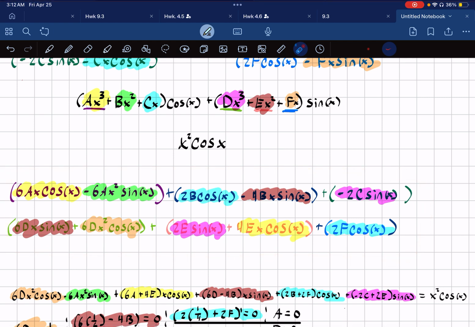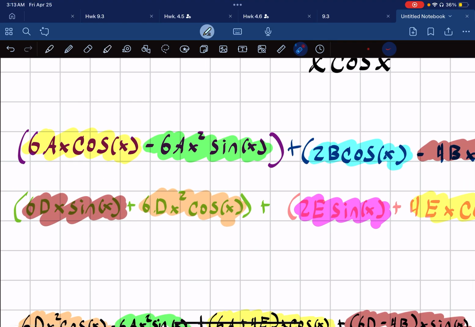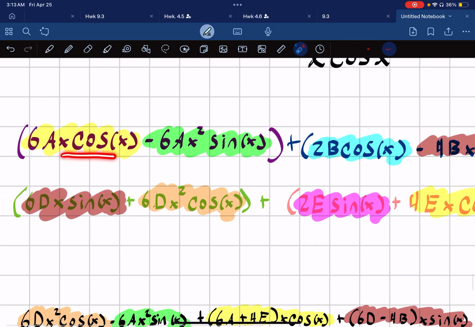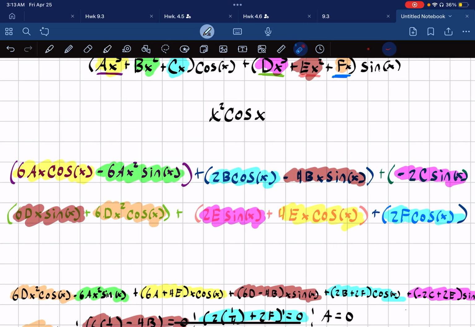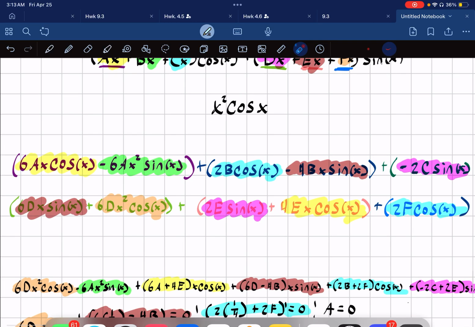And what you want to do is match the coefficients. I don't know if I'm using coefficients correctly, but I'll do an example. So let's do what has x cosine x. Let's look through here. Boom, x cosine x. What has x sine x also? Oh, this one as well.